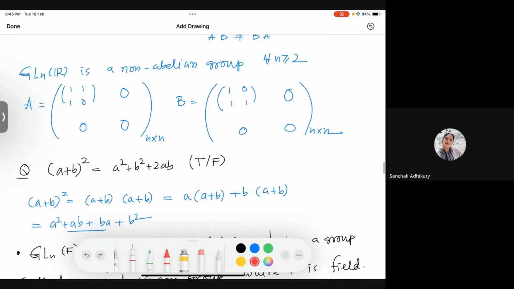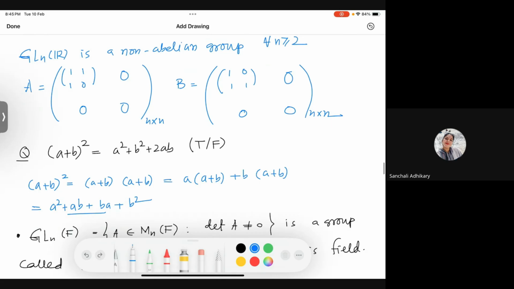So in class 8 we know this formula: (A plus B) whole square is equal to A square plus B square plus 2AB. Is this true or false? Just see, (A plus B) whole square means (A plus B) into (A plus B).